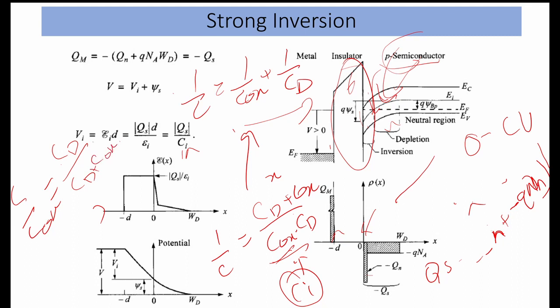From here if you divide up and down by CD, C by COX is equal to 1 over 1 plus COX divided by CD. This is the thing that we are plotting.